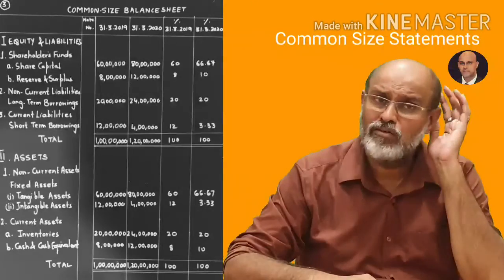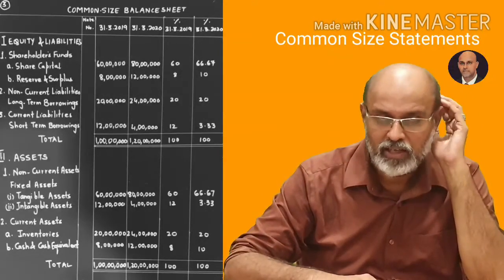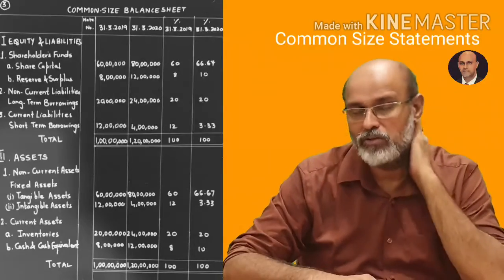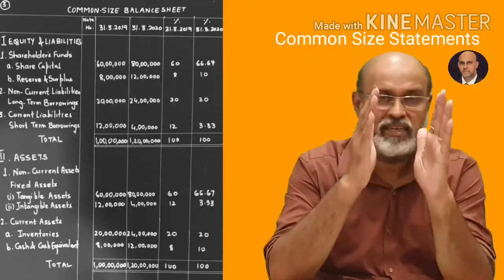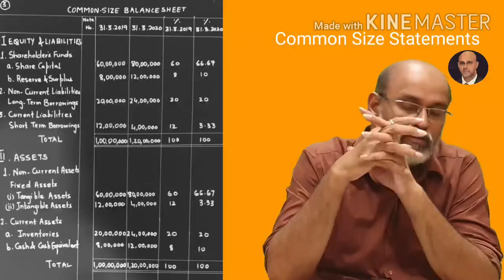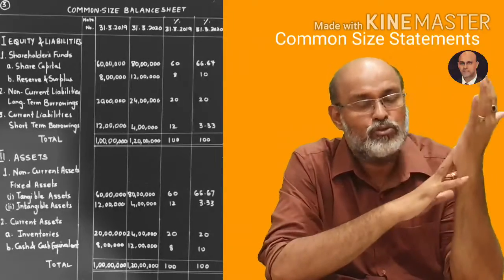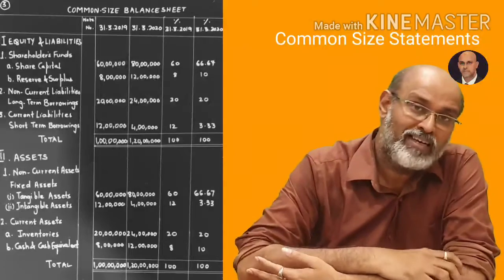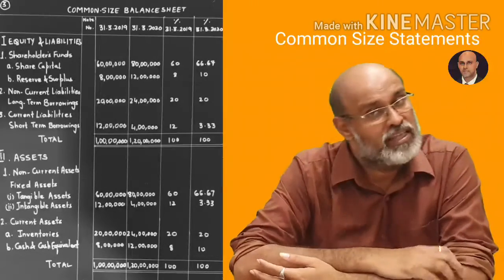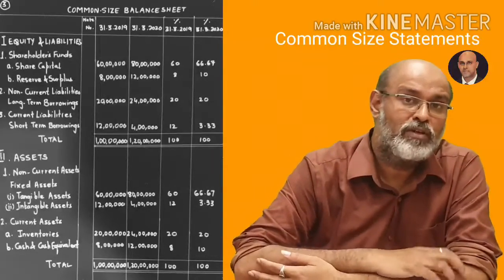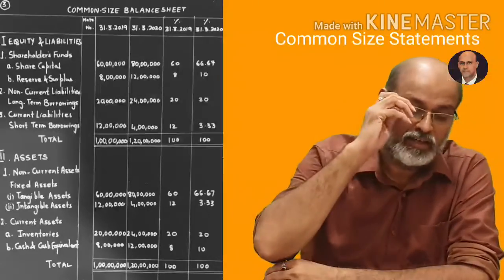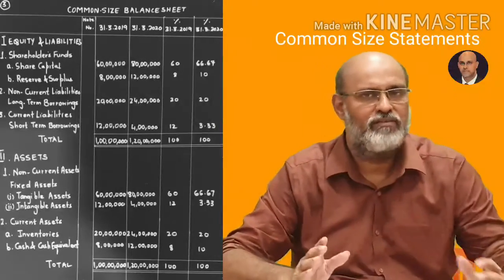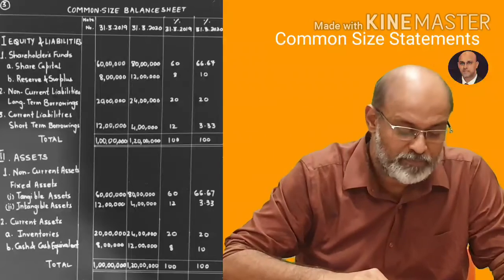Then you put down the figure of the previous year, that is 31st March 2019. Then in the next column you shall put down the figures of 31st March 2020. Then we will find the percentage of the balance sheet of the previous year. Then we will find the percentage of the balance sheet of the current year. So let us understand each and every item in a proper way.